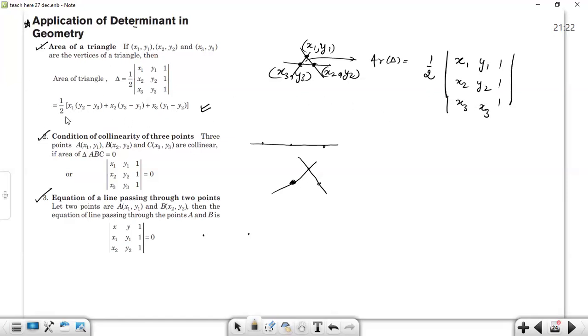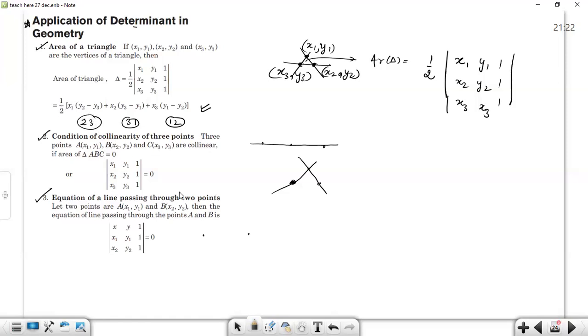If you want to remember it, simply remember it by half into x1 plus x2 plus x3, and they are getting multiplied by y2 minus y3. So 2 3, y3 minus 3 1, 3 1, y1 minus y2 1 2. Simply remember this pattern 23 31 12. I used to remember it in Hindi as 23 31 बार 23 31 बार. Simply you have to understand this pattern.